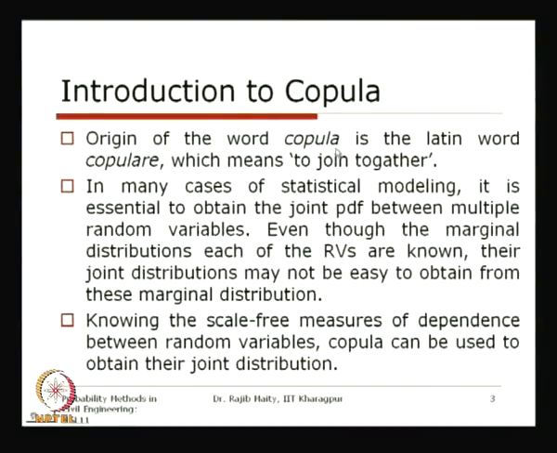copula. In many cases in statistical modeling, we see that it is essential to obtain the joint PDF between multiple random variables, even though sometimes the marginal distributions of each random variable are known, their joint distribution may not be easy to obtain from these marginal distributions.